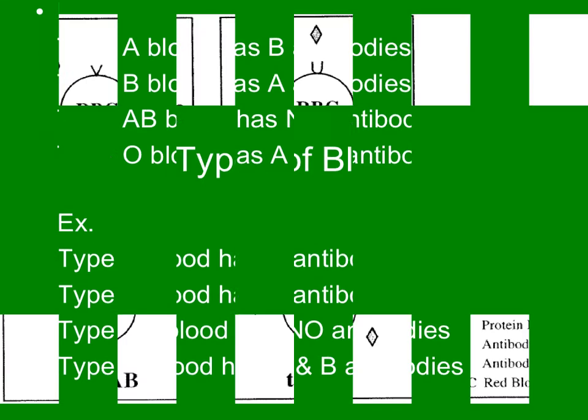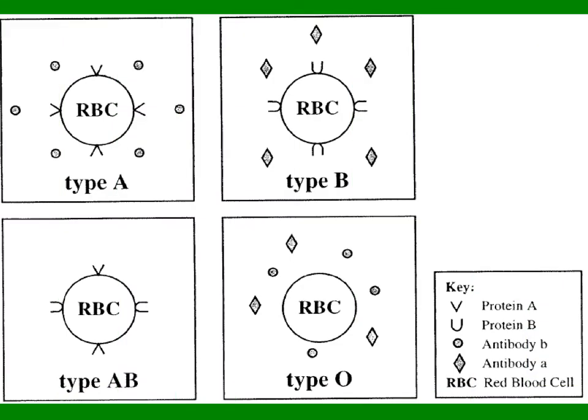And you can see this represented in picture fashion in this diagram. Type A, as you can see, has the V-shaped antigen on its surface, which according to the key represents protein A. And the dark circles around it represent the antibody Bs that exist in the plasma.